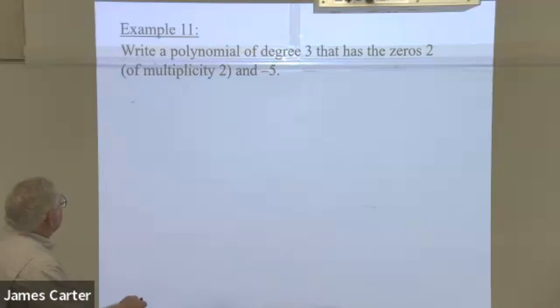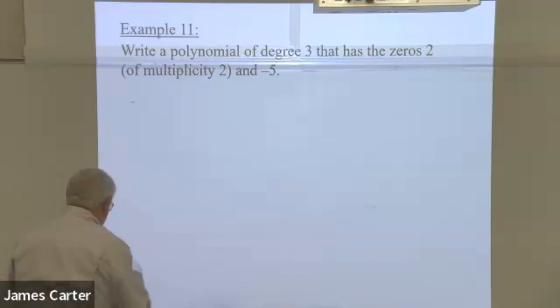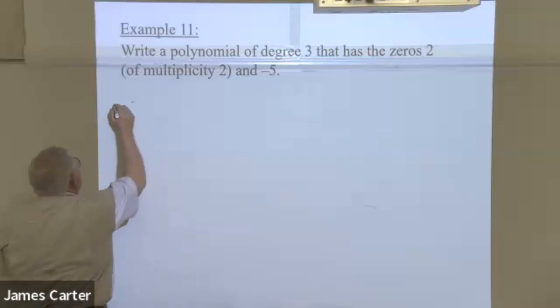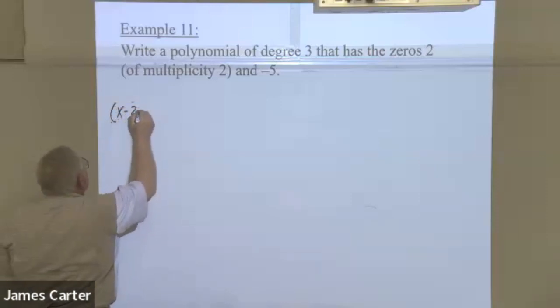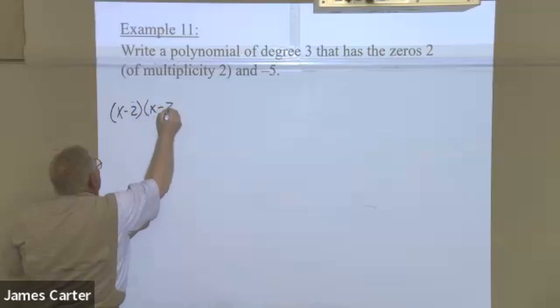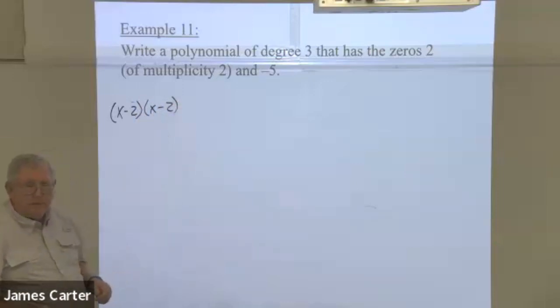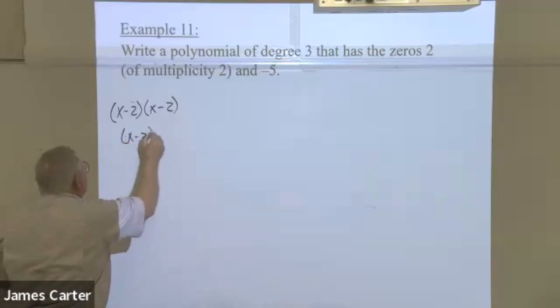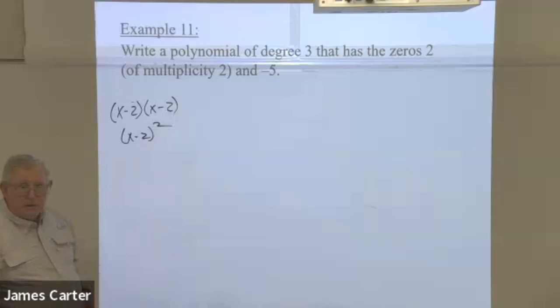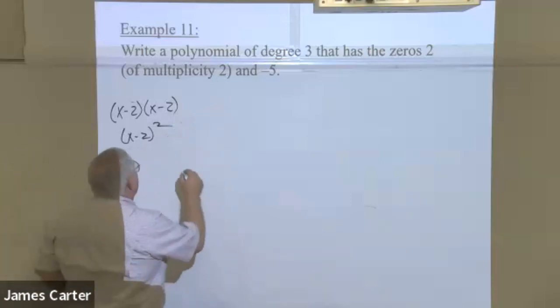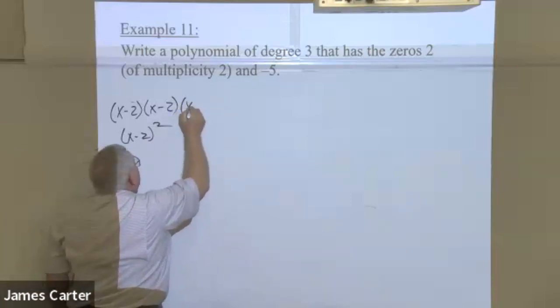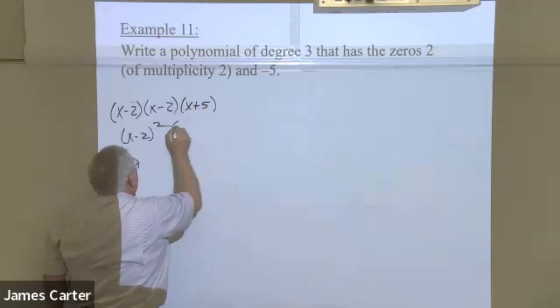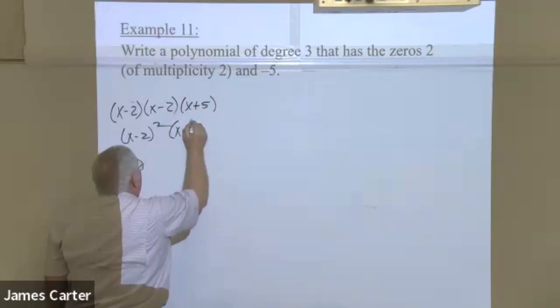This is a third degree equation. And it's got zeros of 2 with multiplicity 2. What does that mean? That means we've got x minus 2 times x minus 2, or x minus 2 squared. And then we've got minus 5, which would be x plus 5.